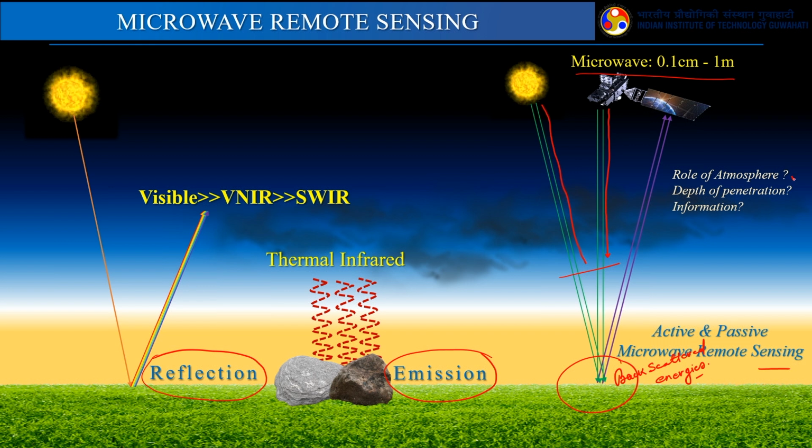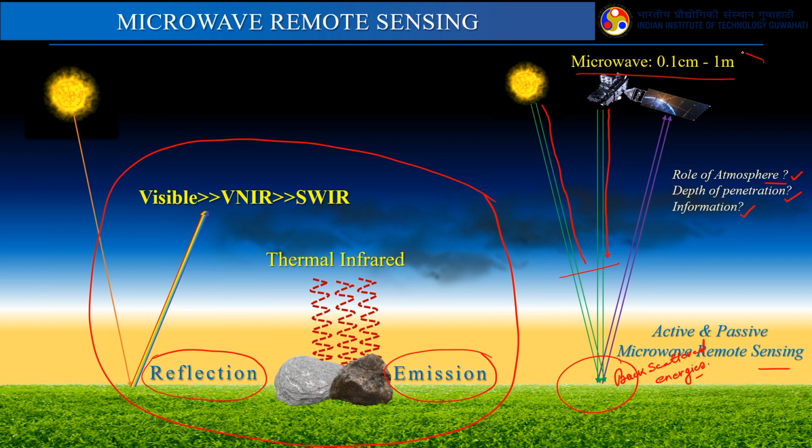Now, we have to think about role of the atmosphere here, what kind of depth of penetration we will have, and then what information we will have which is not possible with reflective and emissive domain, right. So, the role of atmosphere, since we are talking about the scattering and the absorption, remember the scattering, it is more influencing in the shorter wavelength because we are talking about the size of the scatter and the wavelength.